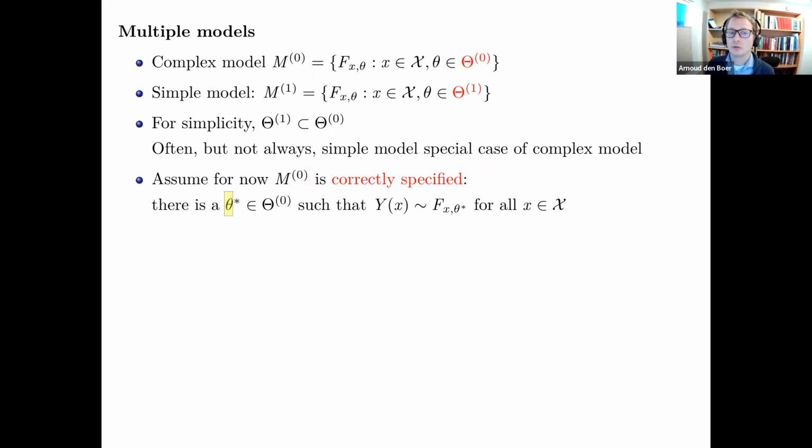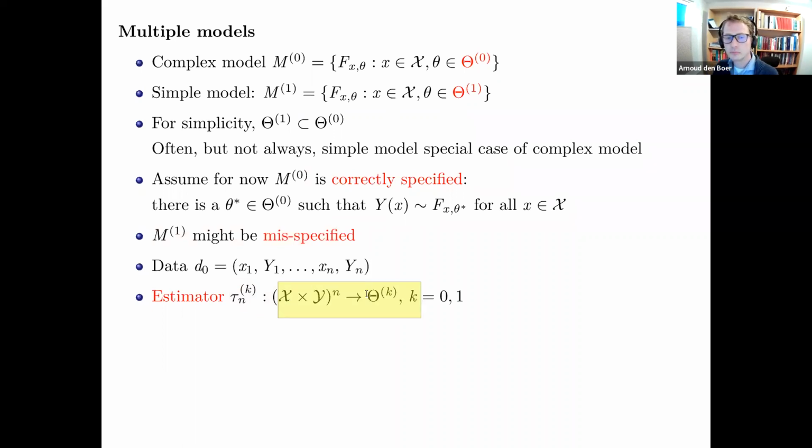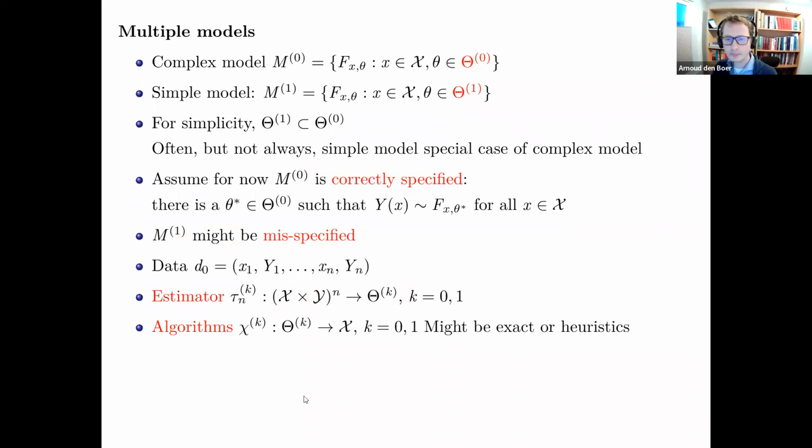So that means there is some true parameter theta star. The simplified model might be misspecified or not. Now then we have our data. In this case, we have two estimators, one for each model. And we have two algorithms, chi-k. They might be exact, that means they optimize some objective function, or they might be approximations.